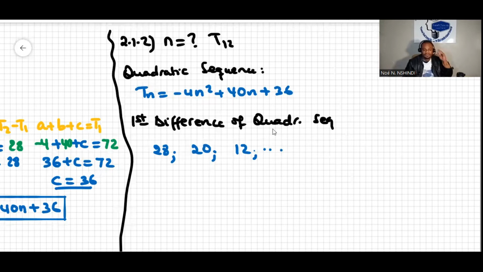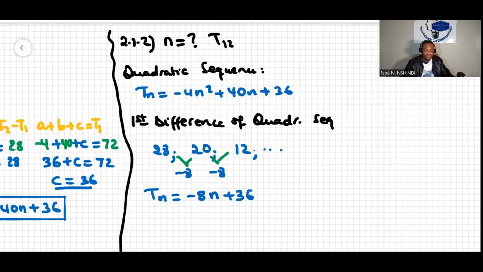Okay, fine. First of all, we know that the first difference of the quadratic sequence forms an arithmetic sequence. You can notice that it has a constant difference of -8, as we calculated earlier. Now we can write Tn like this: -8n, because this is the constant difference, and then -8 plus what equals 28? You realize that this is plus 36.